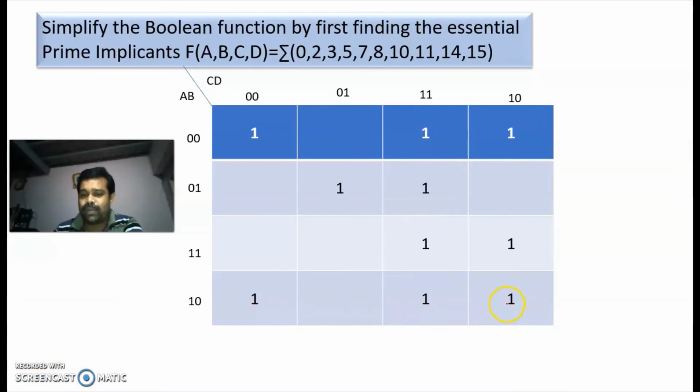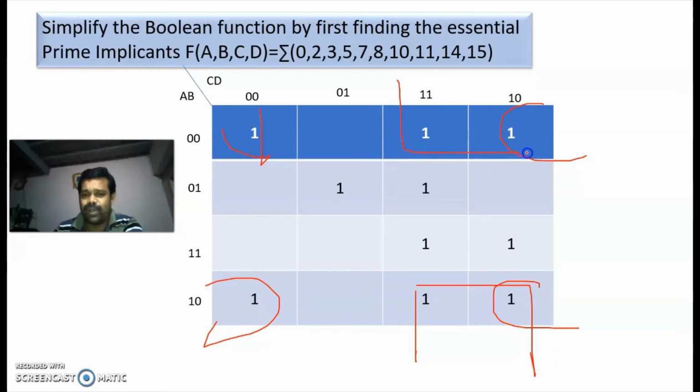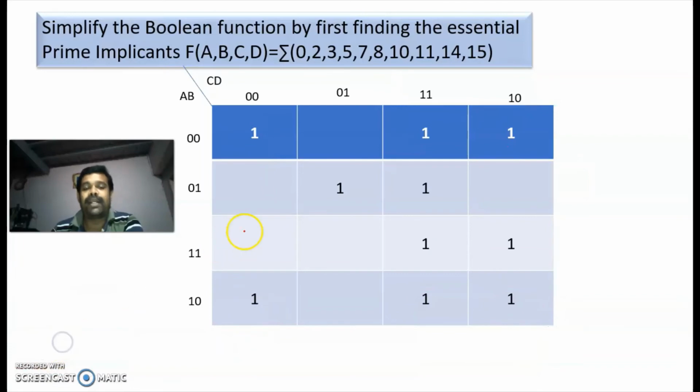So now you come to this one. This one, it can be grouped in this way or it can be grouped in this way. So for this minterm also there is no possibility of essential prime implicant. Now I will clearly tell which ones are the essential prime implicants.